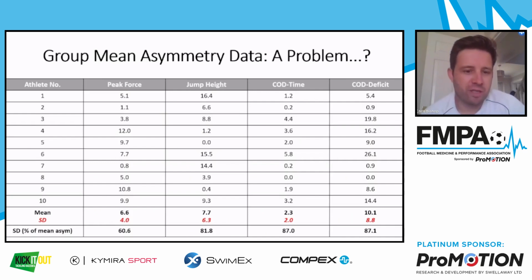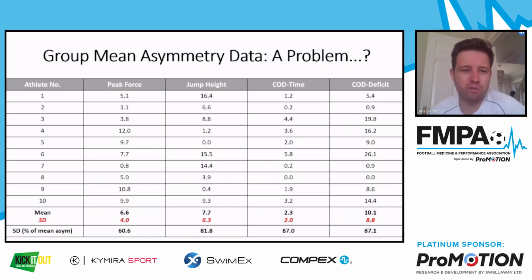The first thing to note is that if you scan vertically across any given metric, particularly peak force, jump height, and COD deficit, you'll see a very large range in asymmetry values across the 10 athletes. For peak force, athlete 7 is perfectly symmetrical, whereas athlete 4 has a much larger imbalance.